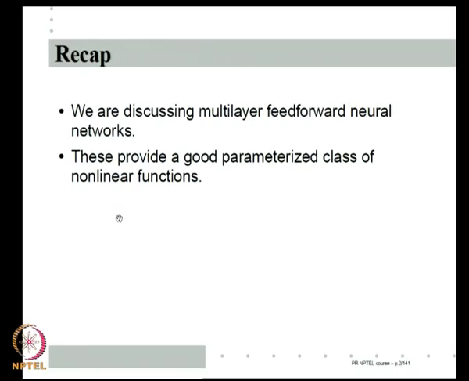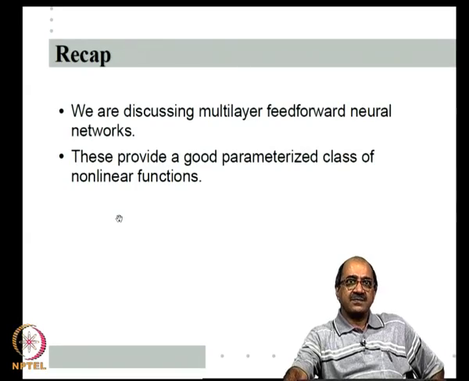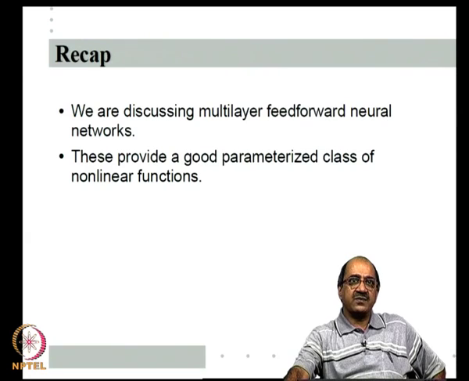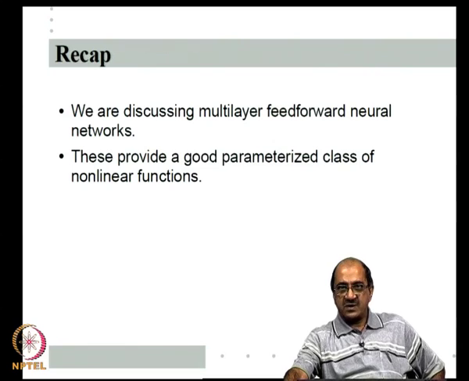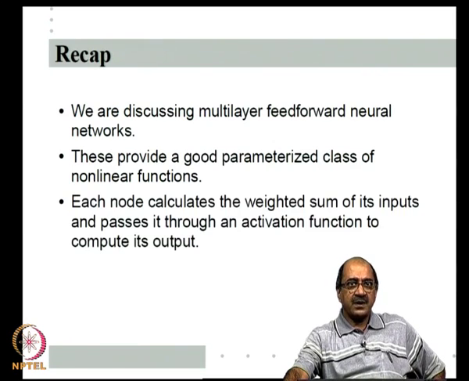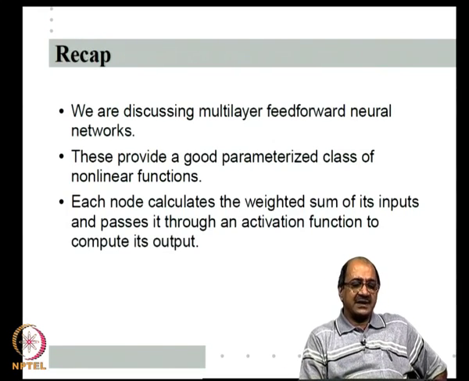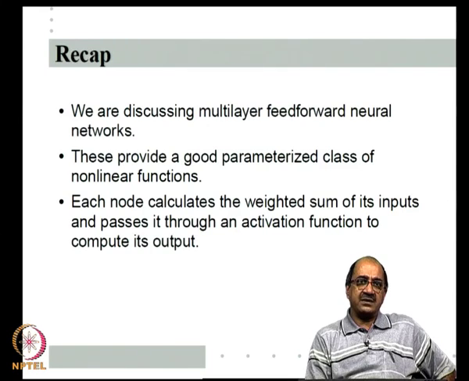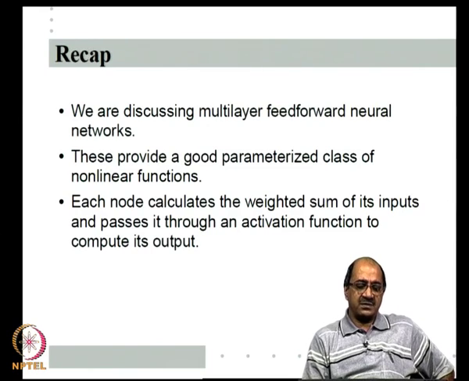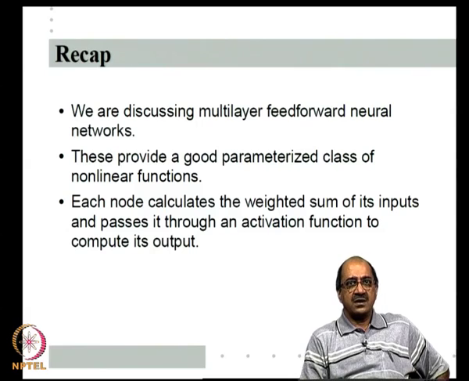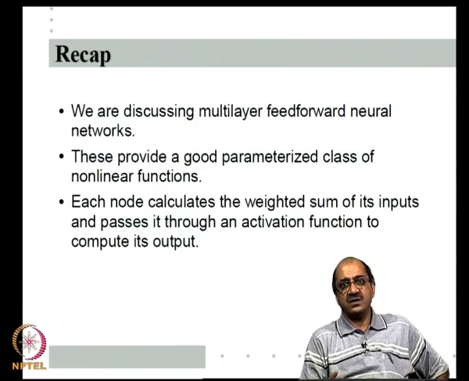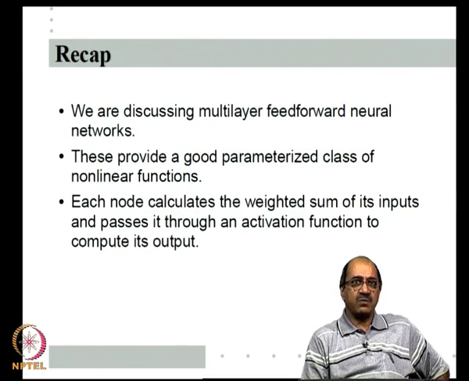So, as I said last class, our interest in multi-layer feed-forward neural networks is that they provide a good parameterized class of nonlinear functions. We have seen that last time, and basically the way the network represents a function is through composition of linear sums and sigmoids.